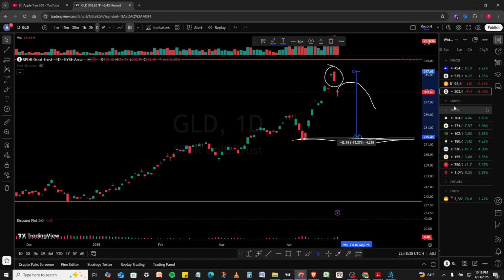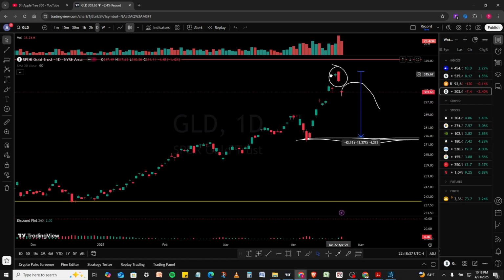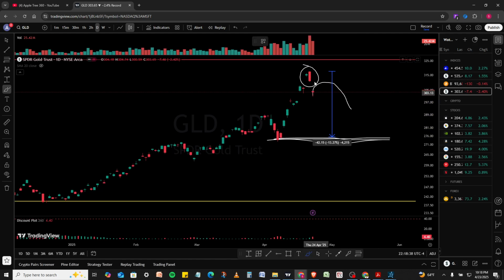That's a decent amount of correction that we can expect in the short term if the rally doesn't hold up and doesn't continue to go higher on the chart in the following days. So look for levels of 270 to 280 if the retracement doesn't hold into a bullish move.